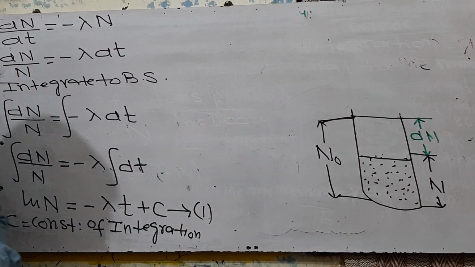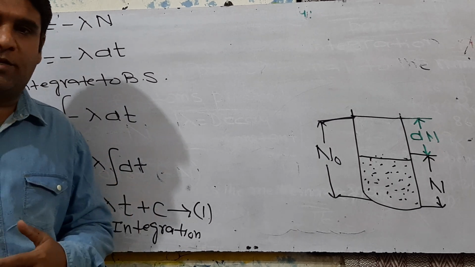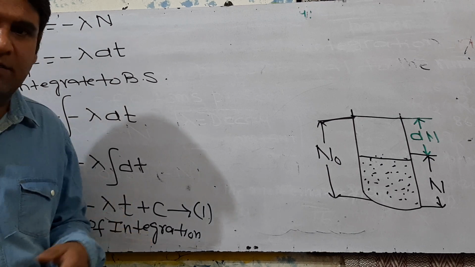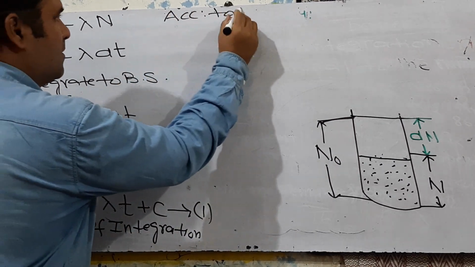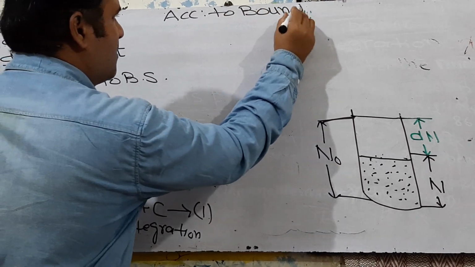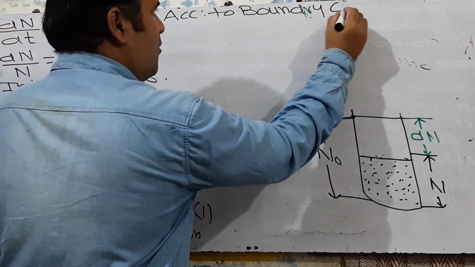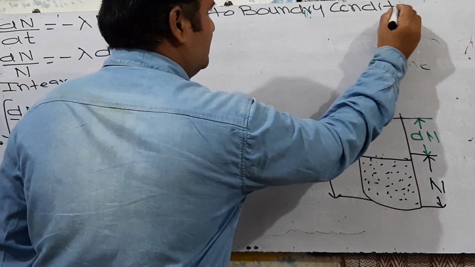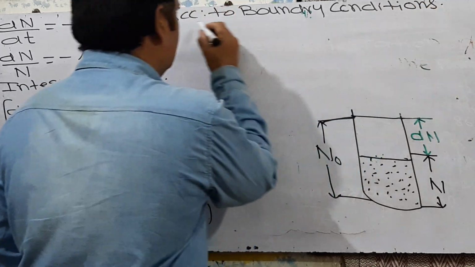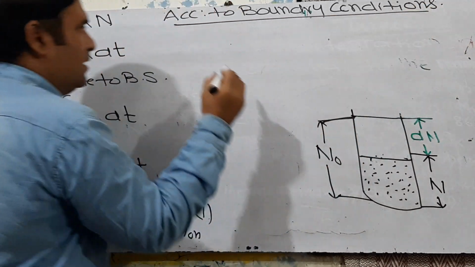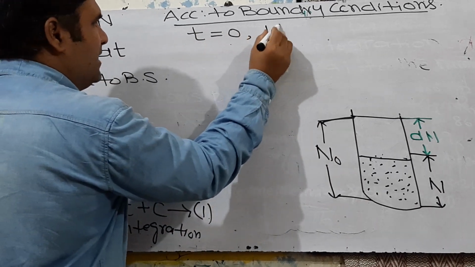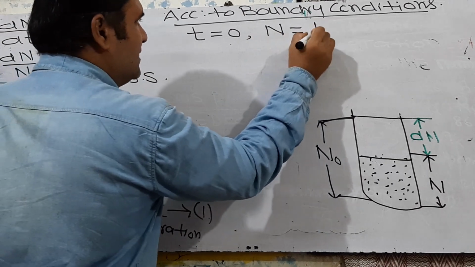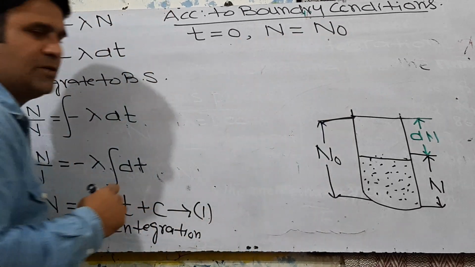To find out the value of the integration constant c, we apply the boundary conditions. According to the boundary conditions, when the time is equal to 0, then the number of atoms is equal to N naught.